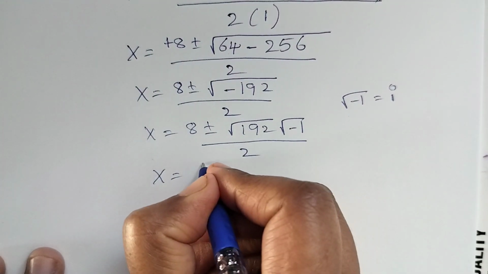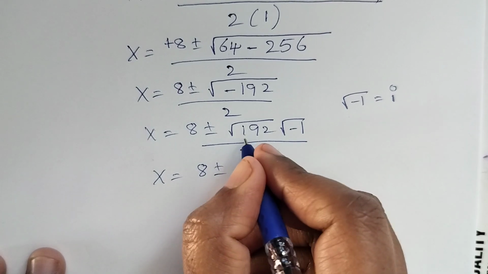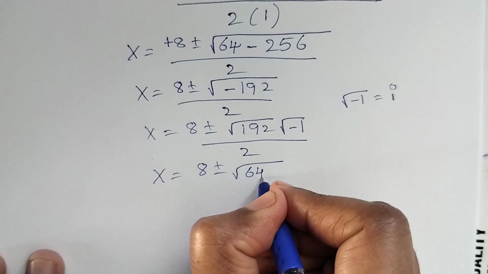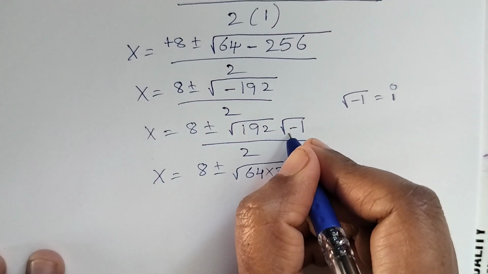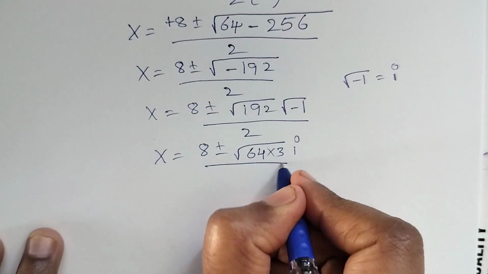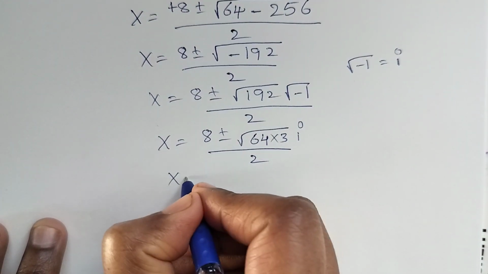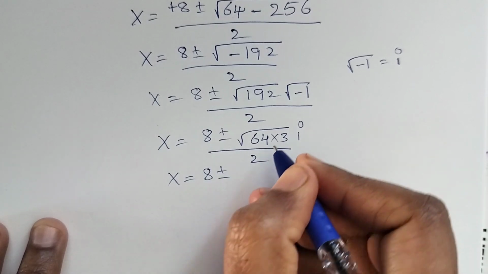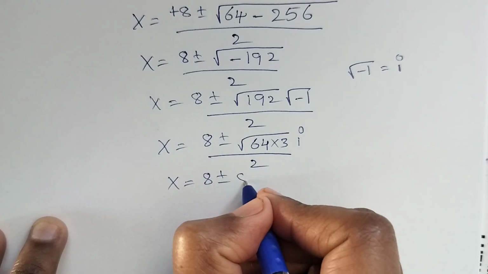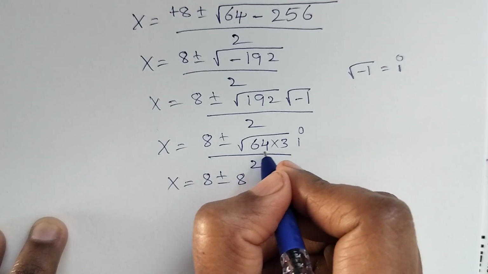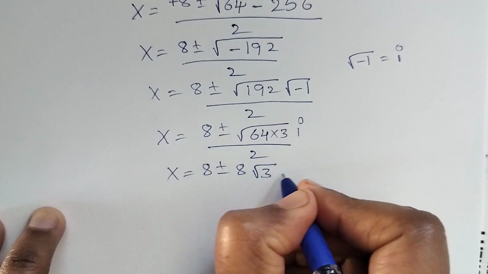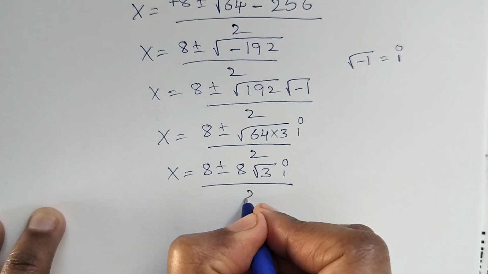So x is equal to 8 plus or minus, so square root of 192 we can write as 64 times 3. So x is equal to 8 plus or minus, so square root of 64 which is equal to 8, since 8 square is equal to 64. So 8 square root of 3 i divided by 2.